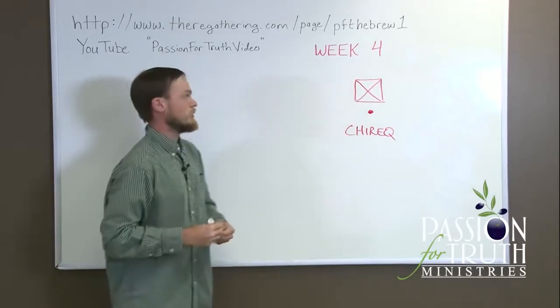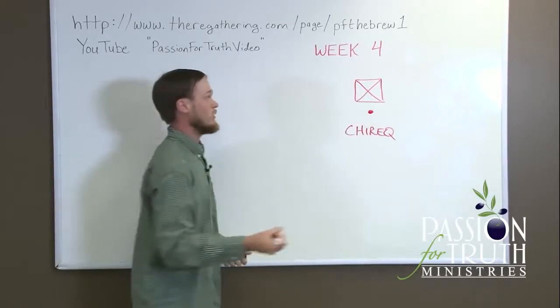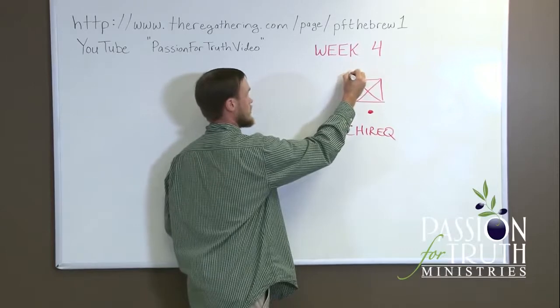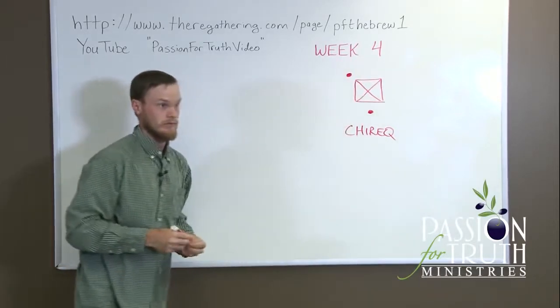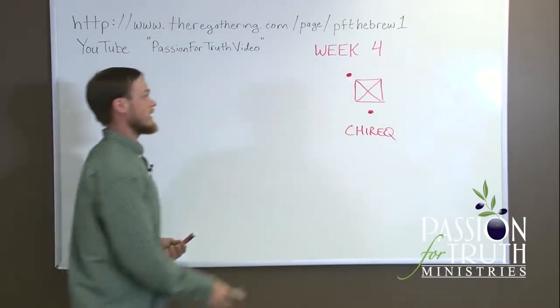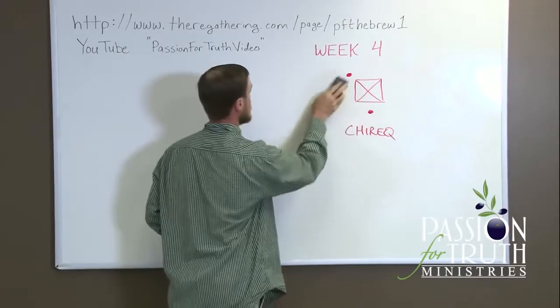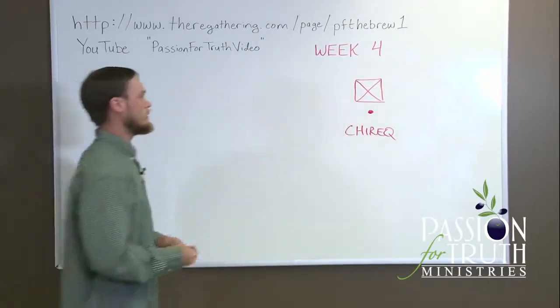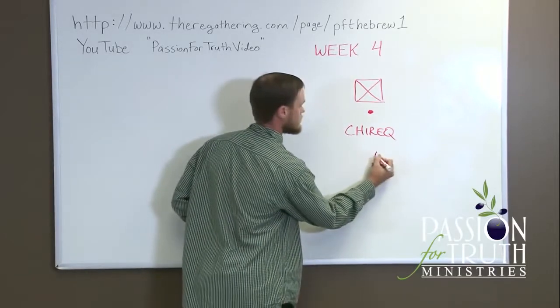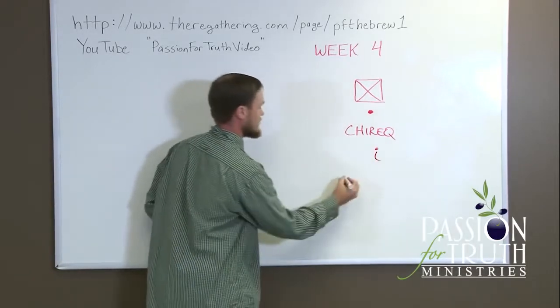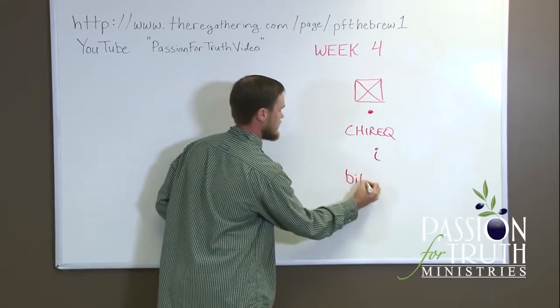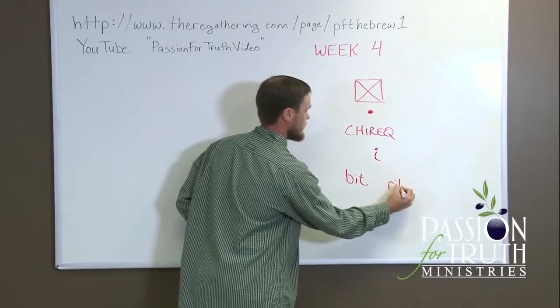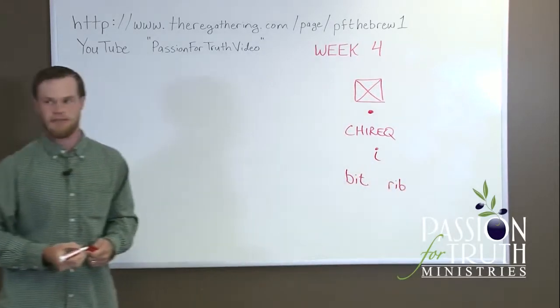The chirik appears below the letter, as opposed to the cholam, which appears above and to the left. The chirik is a single dot placed directly below the letter. The chirik makes the sound of short I. So I as in bit or rib. Okay, that I sound.